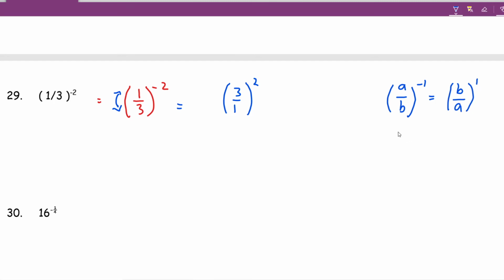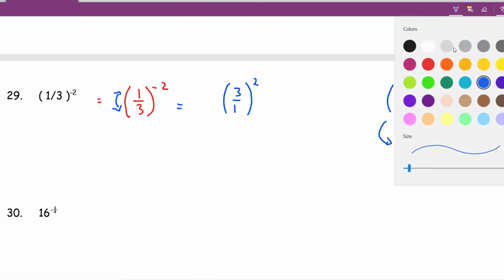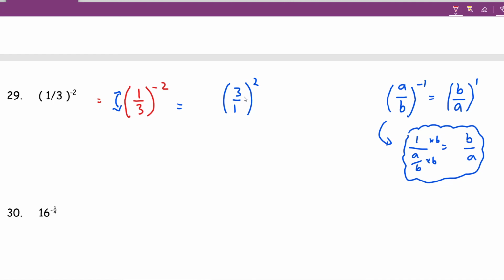That's the same as saying it's 1 over A over B, and if I times top and bottom by B to get rid of it, that gives me B over A. That's the thinking behind it. Just be careful when you're doing those. Okay, and so if we finish this off, we'll end up with 3 divided by 1 is just 3, and then 3 squared is just 9.